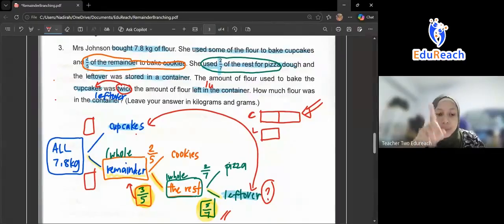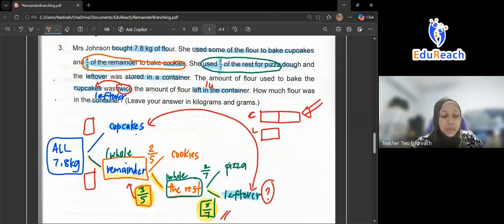The reason is because it has two remainders. It has the remainder, the rest, and then it has the leftover. I know leftover is right at the end, but it has two remainders. Usually we will know the fraction for the first branch, but now the first branch has no fraction.